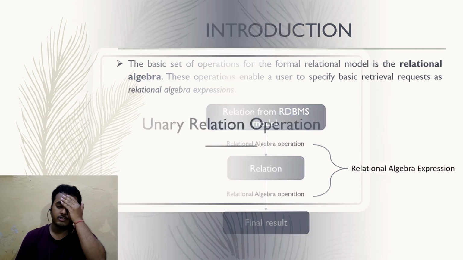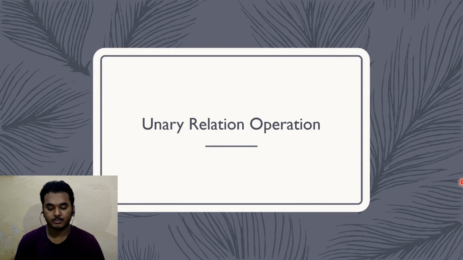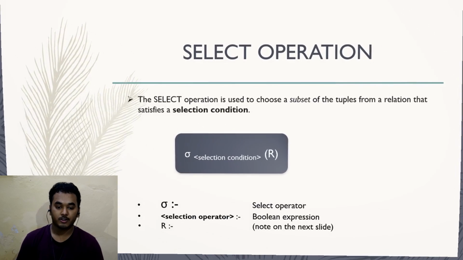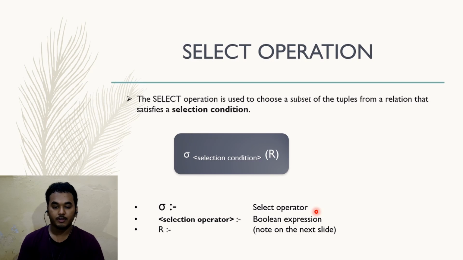So moving on to the first topic, unary relation operations. As the name suggests, these relation operations are applied only to a single relation at a time. The first operation in unary relation operations is the select operation. The select operation is used to choose a subset of tuples from a relation that satisfies a given condition known as the selection condition.